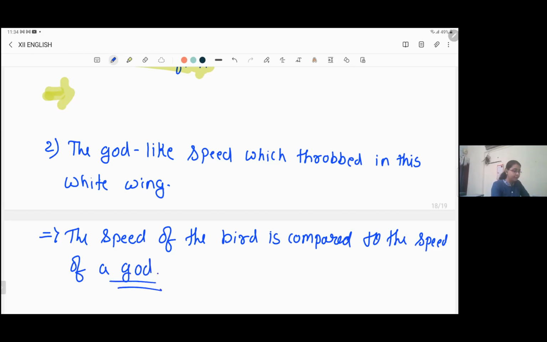Clear? Wing means the speed of bird is compared to whom? A god.